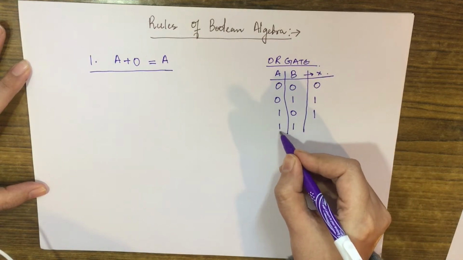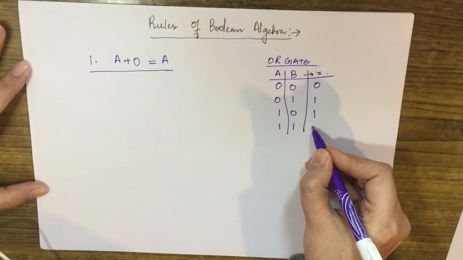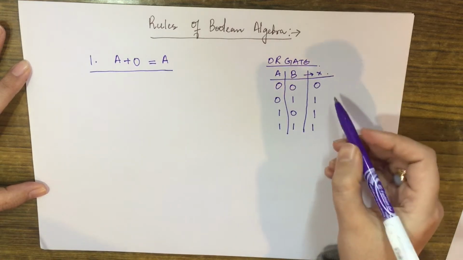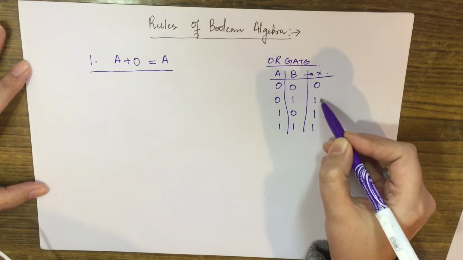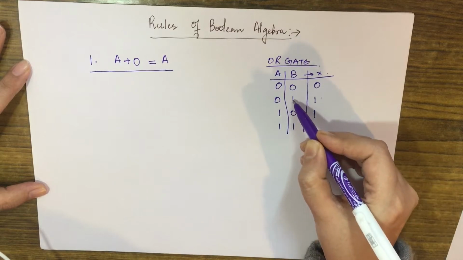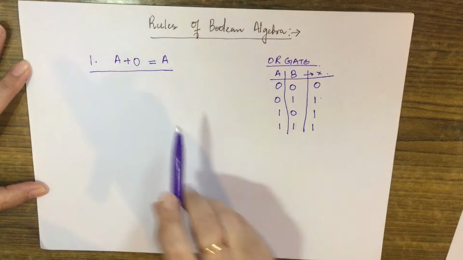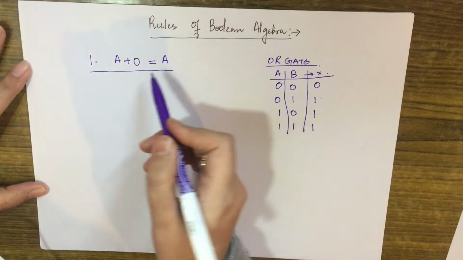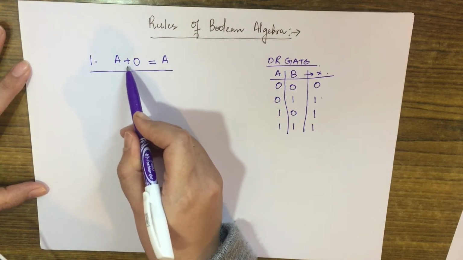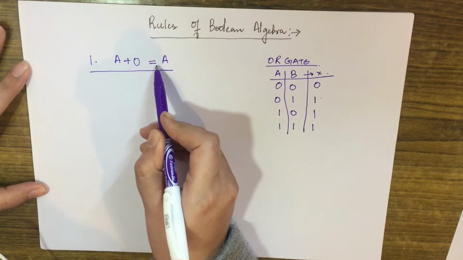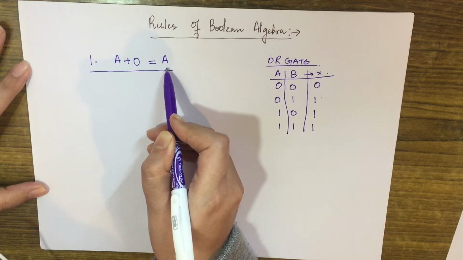We have A as 1, B as 1, so the output will be 1. That means the output of the OR gate is always high whenever either of the bits is high. So we have the law A OR 0 will always be equal to A.